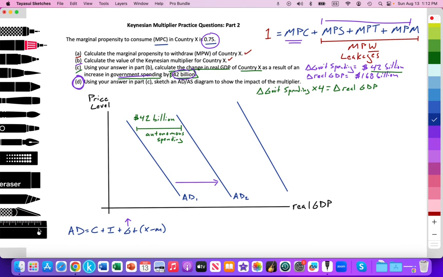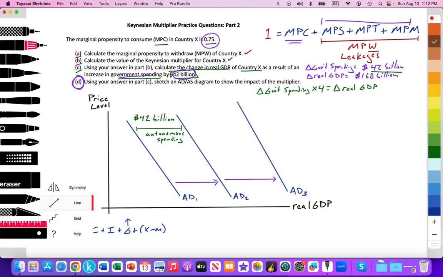I'll label that AD3. I have AD shifting out due to that multiplier effect from AD2 to AD3, and that is called induced spending. So I have to label that too.